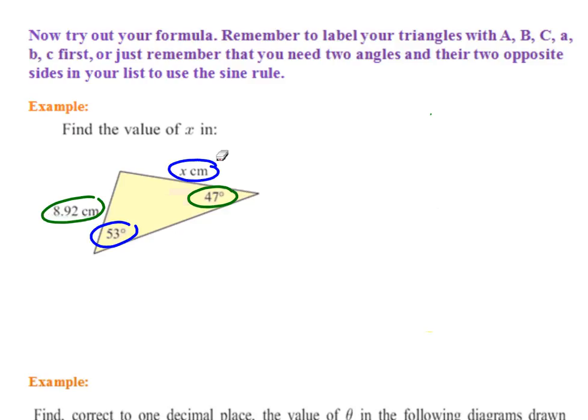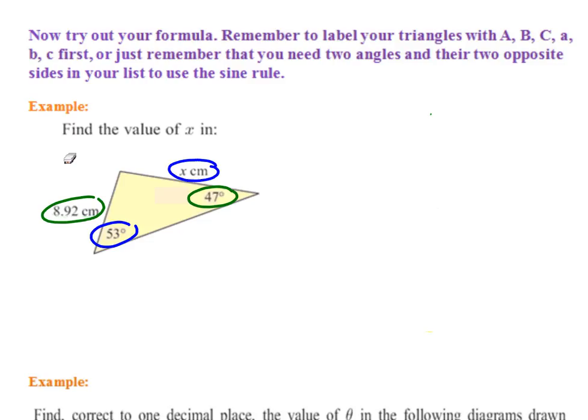So when working this out, you should label the unknown that you're looking for, x, or if it's an angle, label it theta. And then if you've got a side and its opposite angle, that tells you you're using the sine rule, as opposed to the cosine rule, which is in the next lesson.